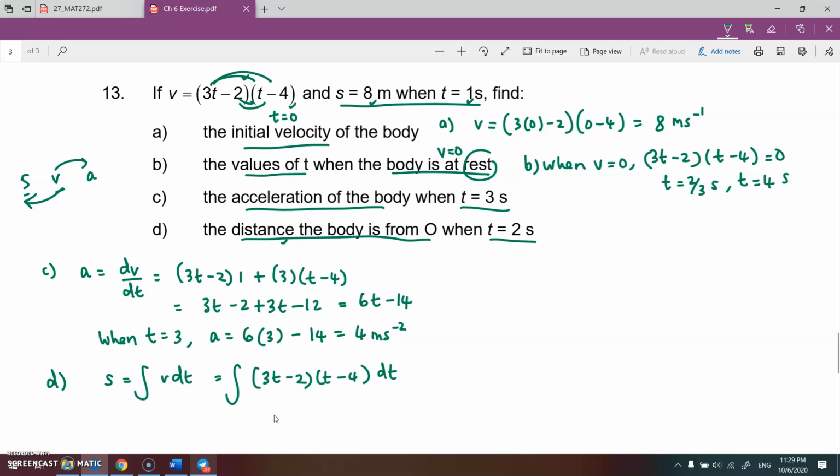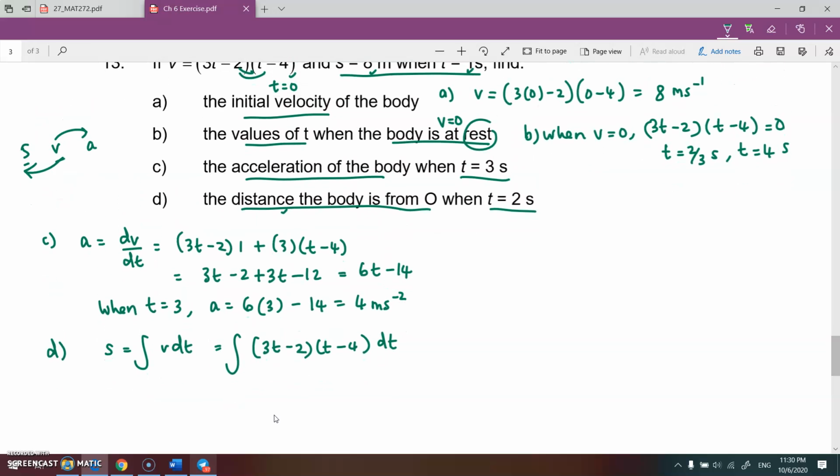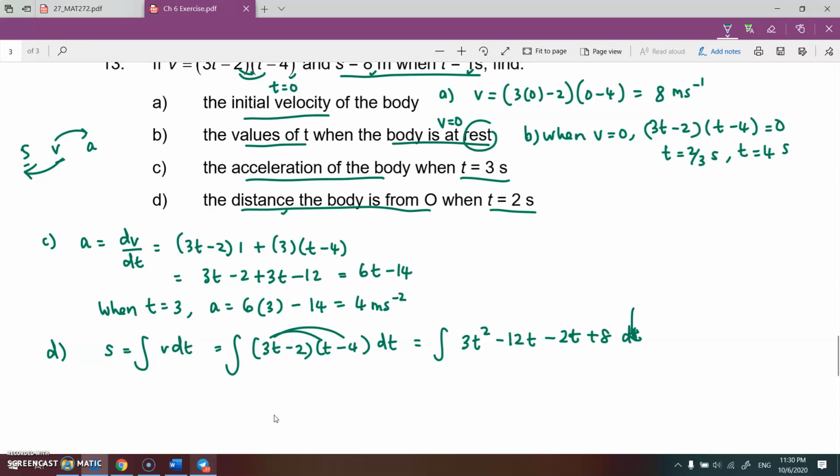Again, you can use any technique that you have learned before. But to integrate, I think it's much easier if we just expand this rather than using any other method. So we get the integral of 3t squared minus 12t minus 2t plus 8 dt.